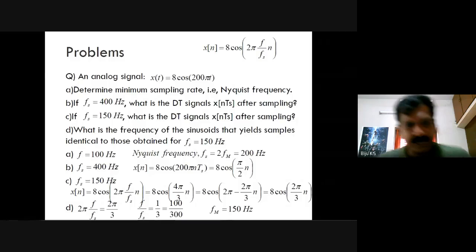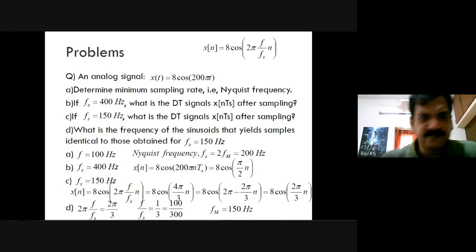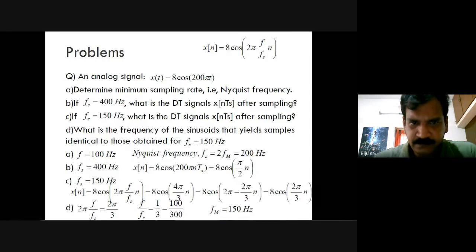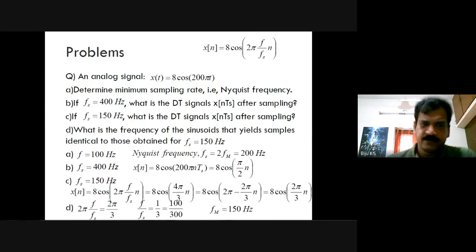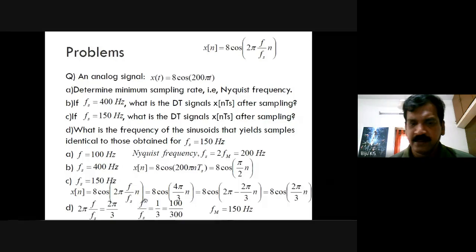The last one, part B: what is the frequency of the sinusoid that yields identical samples? So 2 pi f by fs is equal to 2 pi by 3, where f by fs is a fraction, 100 by 150.